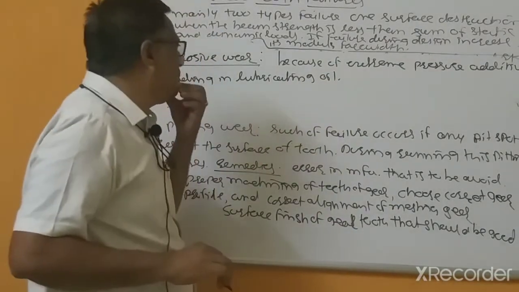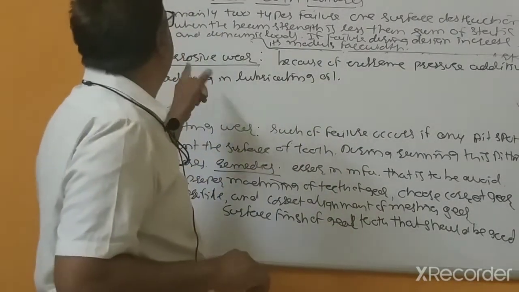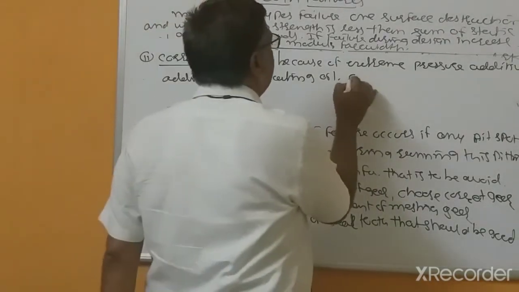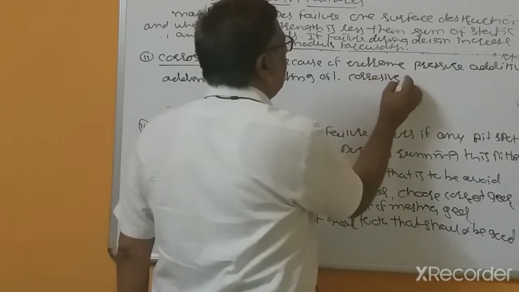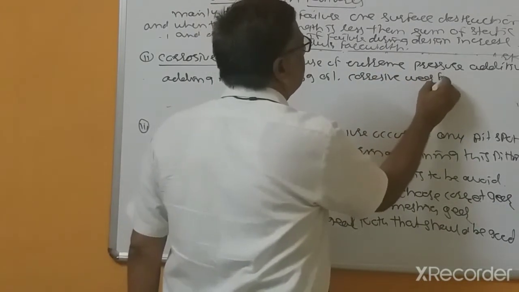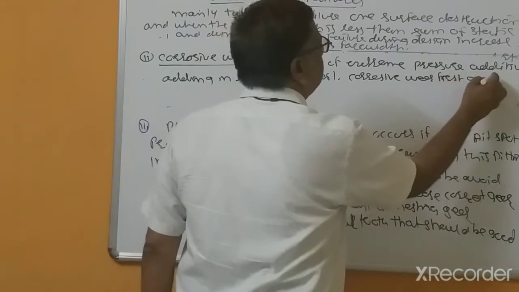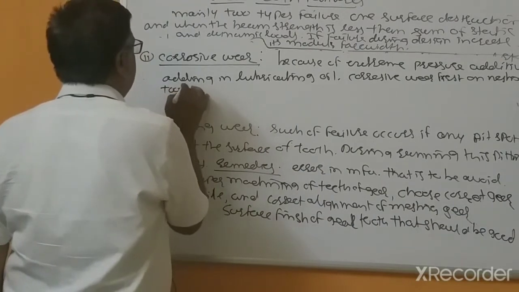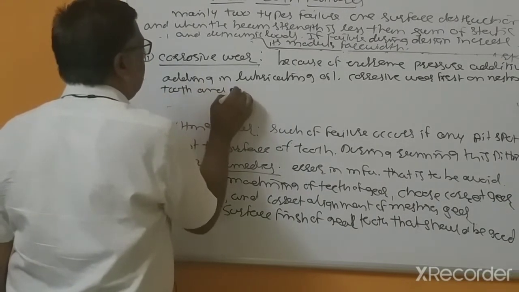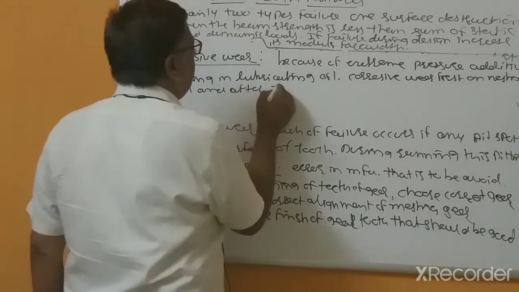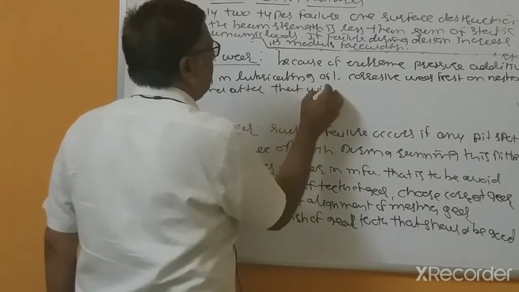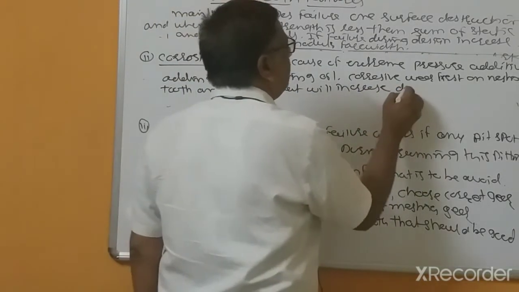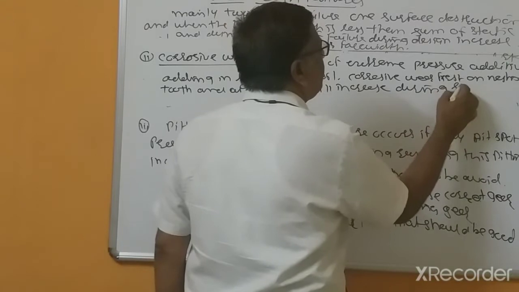Because of the extreme pressure additives added in the lubricating oil, such corrosive wear occurs. This corrosive wear starts first on the meshing tooth, and after that it will increase during the running operation.